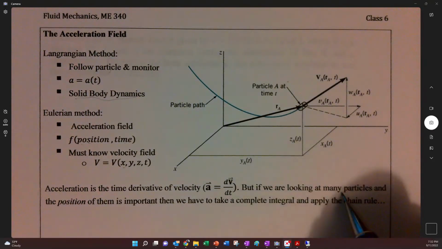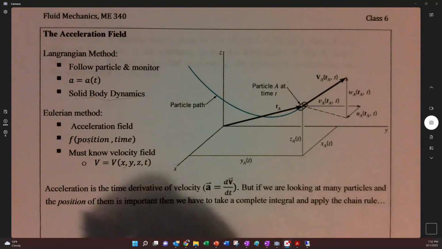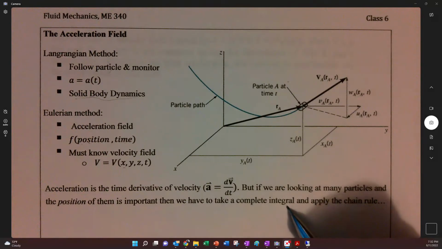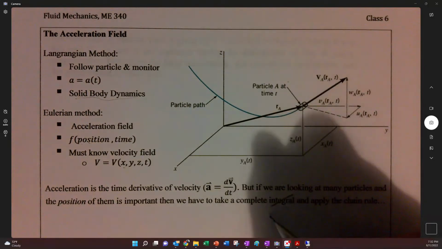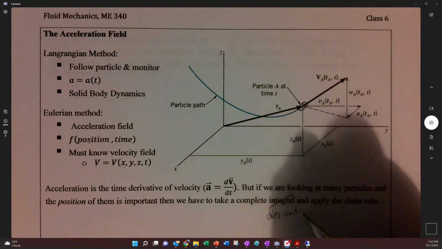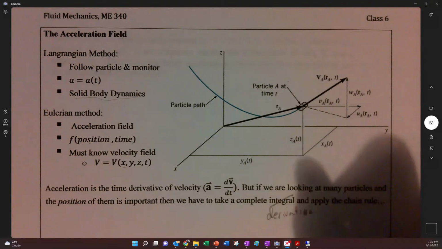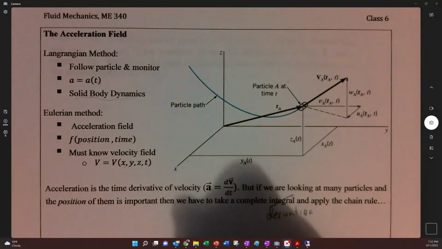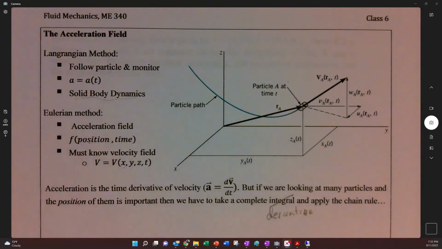We're going to look at a lot of particles, and their position is going to be important to us. So we want to take the complete derivative, not integral, derivative. We're going to have an entire derivative of something, and in order to do that, we need to apply the chain rule and think in terms of partial differential equations.